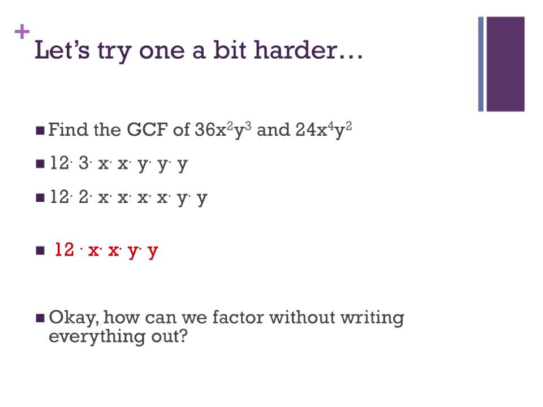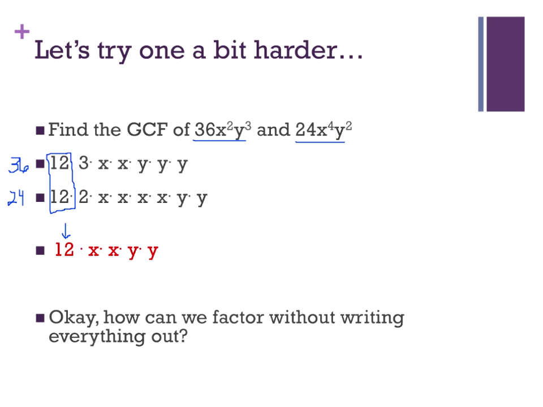So then, if we take this idea of 36 and 24 and say, well, what if we have 36x squared y cubed and 24x to the 4th y squared? Well, we could look at this a couple ways. One way to see this is that it's 12 times 3 and 12 times 2. This is our 36x squared y cubed, and this is our 24x to the 4th y squared.